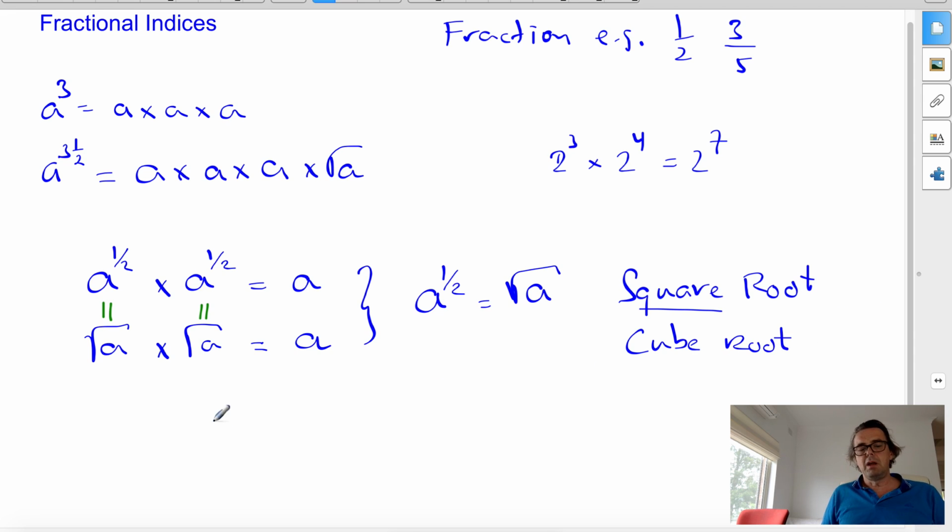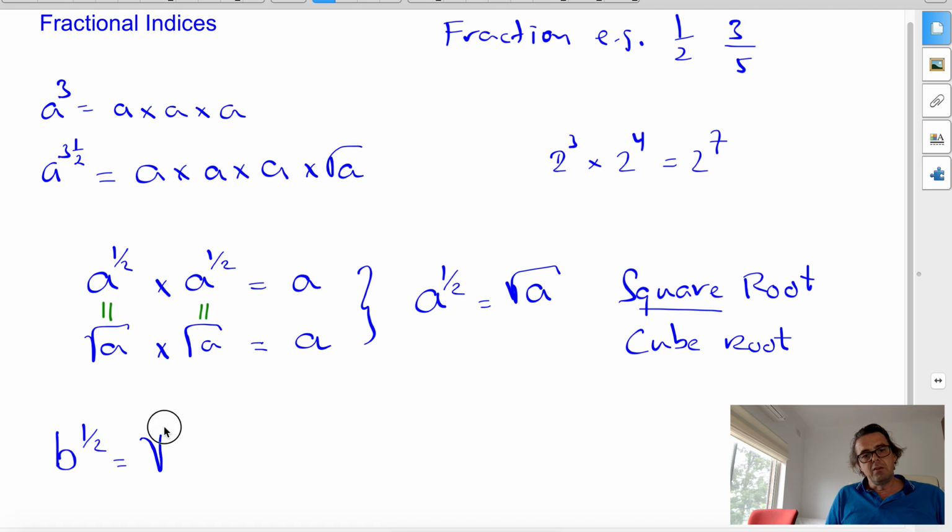Now, that all comes in place here, because let's have a different number, for instance b, doesn't really matter. So we know that b to the power 1/2 is the root of b. Now that actually is the square root of b, so it's the second root of b to the power 1. So that 1 goes there, the 2 goes there.